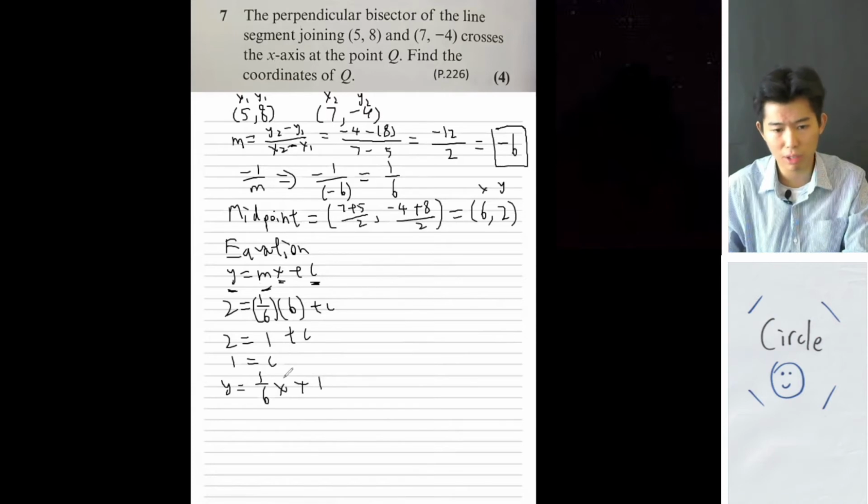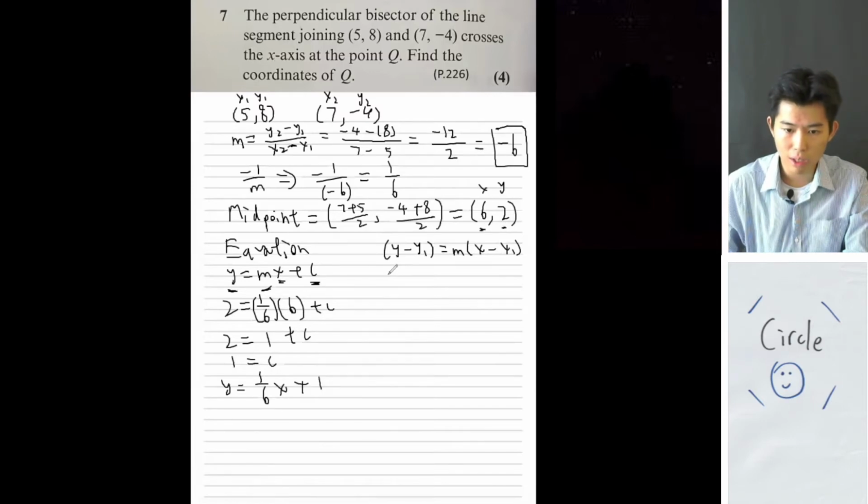But this method here is actually not really the method that is taught by the textbook. What the textbook has taught us is y minus y1 equals m times x minus x1. So this one here should be the y, and this one would be the x. y minus 2 equals the gradient m, which is 1 over 6, times x minus 6.